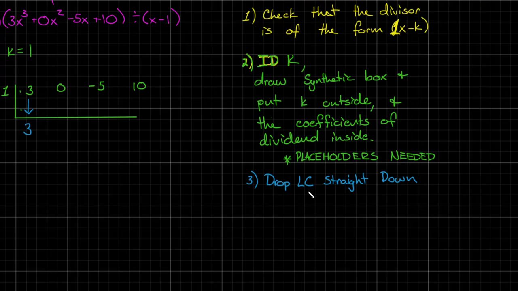We're actually doing the division. We dropped it straight down. We're going to multiply k times the leading coefficient and write the product, which is just the answer to whatever this is, under the second coefficient.